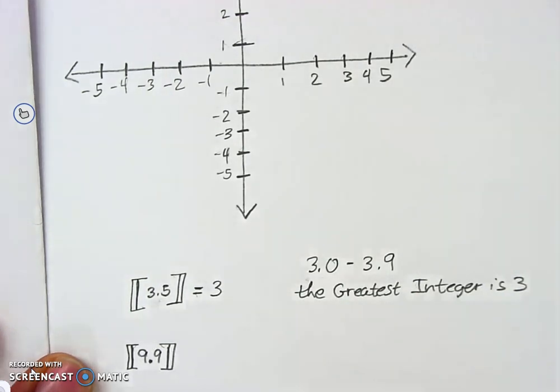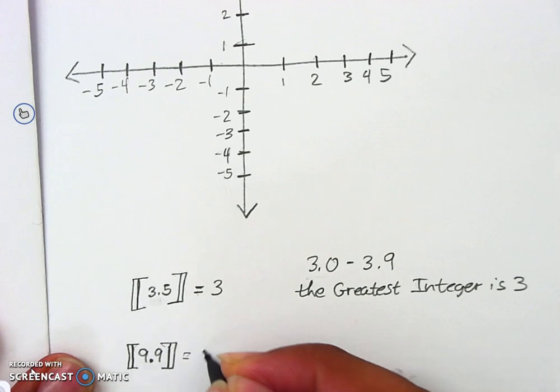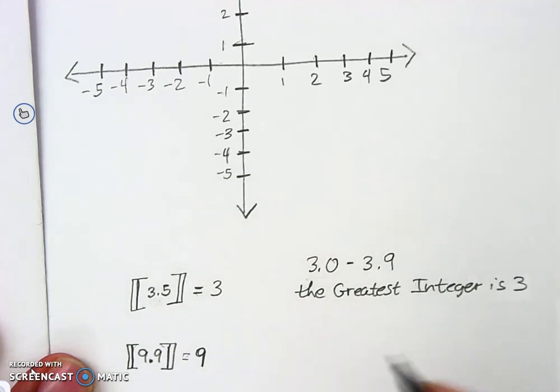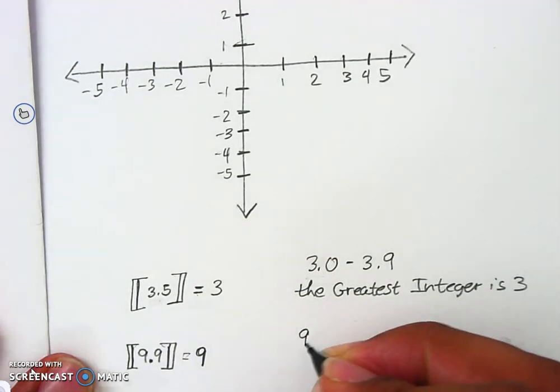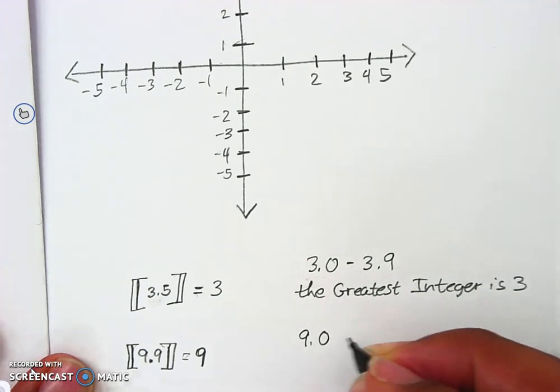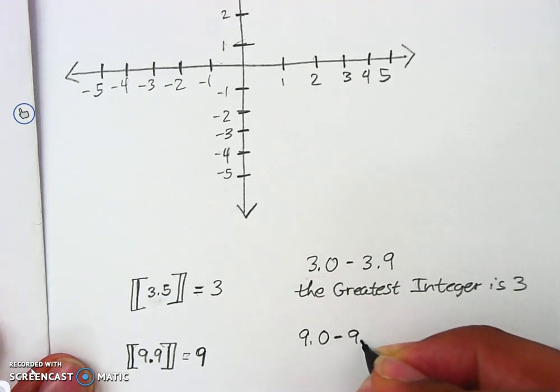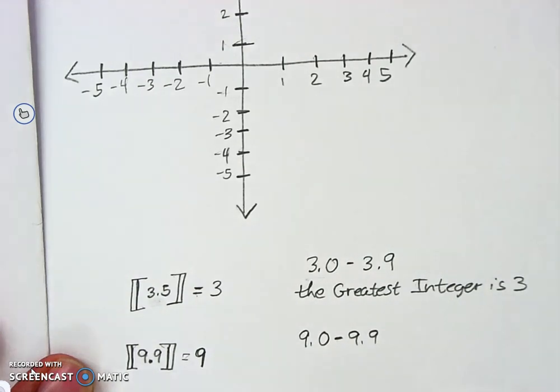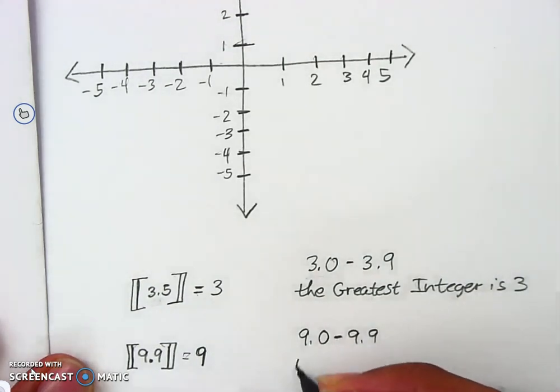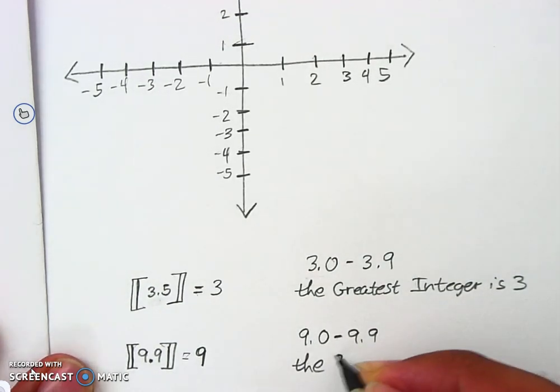So that means the highest integer that it got to was 9. So your answer here is going to be 9. So for your greatest integer, from 9.0 to 9.9, or 9.9999999 forever, the greatest integer would be 9, because we have not gotten to 10.